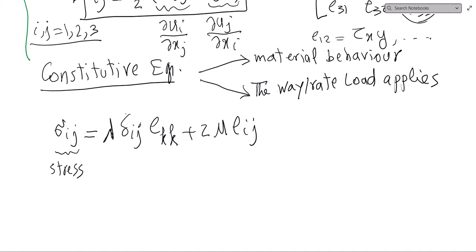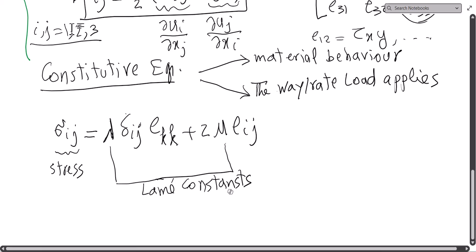Now, one by one: lambda and mu are Lamé's constants. They could be a function of space, or a function of temperature, but usually we take them as constant. This mu here is basically the shear modulus of elasticity.